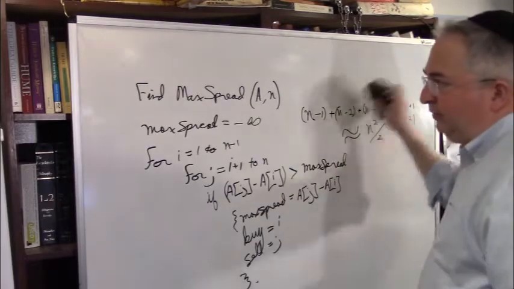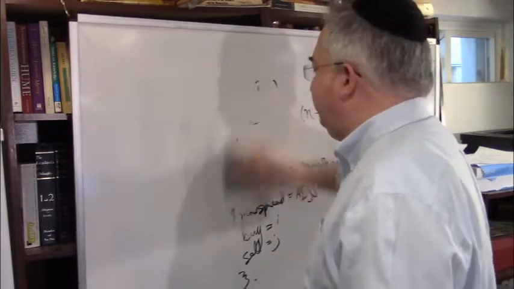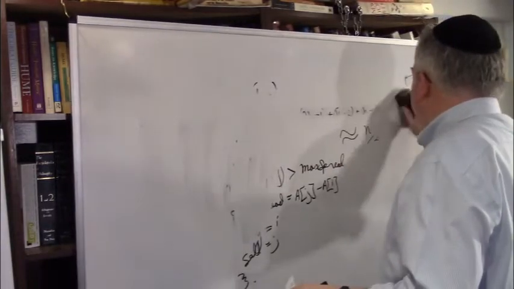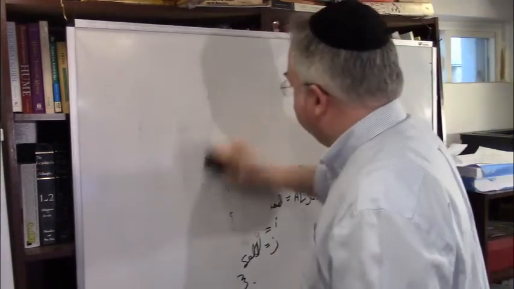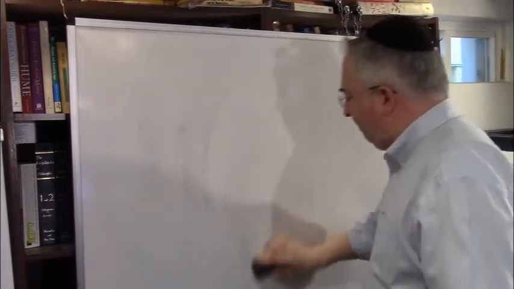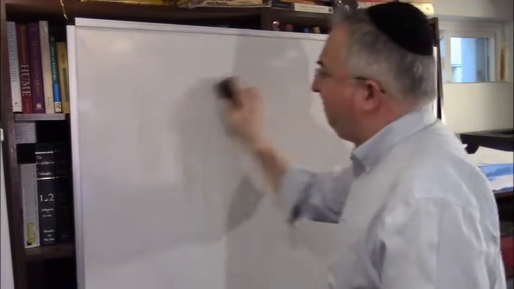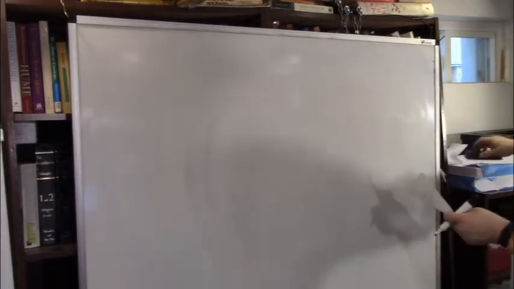Okay, that's a nice algorithm, by the way. Rather than looking through all possibilities like that, let's see if we can figure out how to do it a little bit better. Okay.